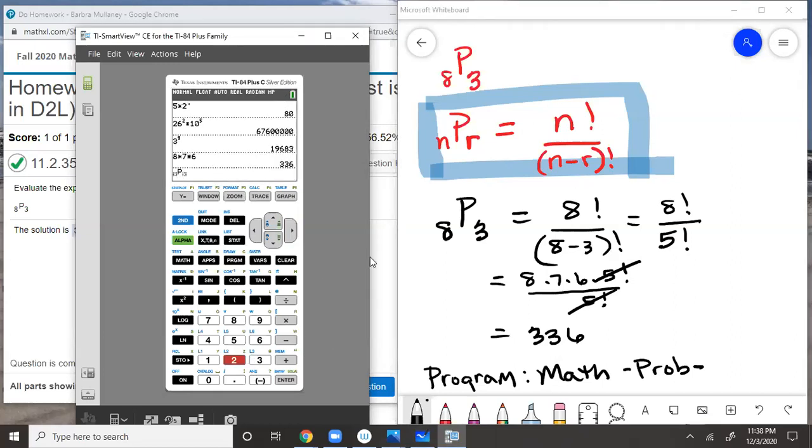We're going to put 8 in for n, and then you use your arrow key, and then we're going to put the 3 in. Then hit enter and you get our answer, which is 336. Okay. So again, you go to math, prob, and you press number 2. You put in your numbers and then enter. Okay. And that'll give you your permutation function on the calculator.